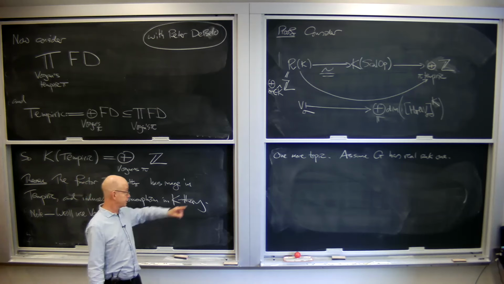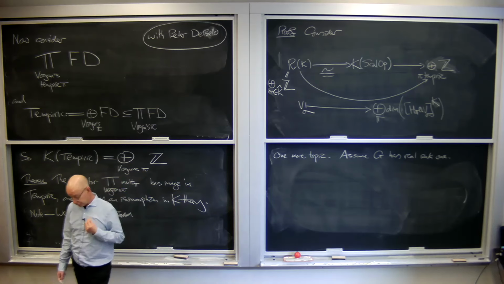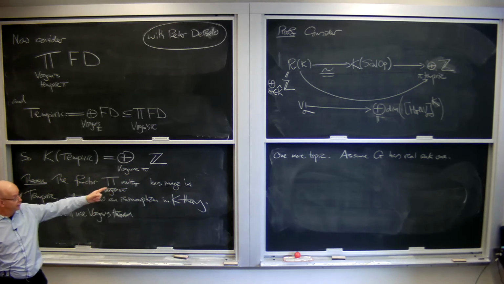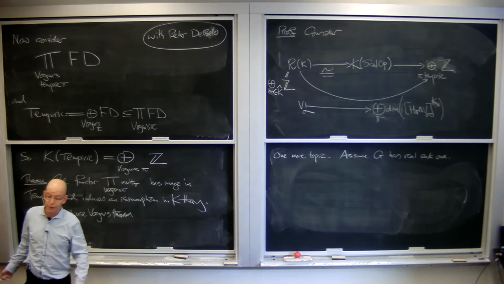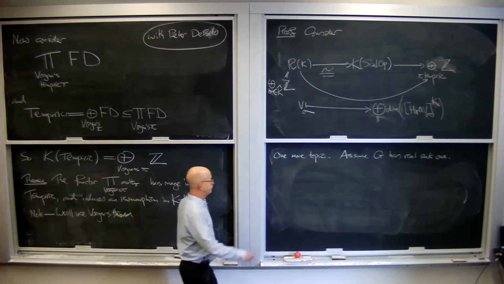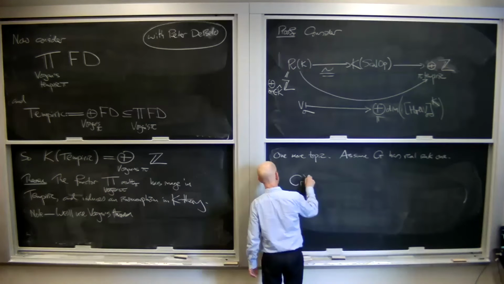So when you draw a picture of the reduced dual, also the unitary dual, of one of these groups, the picture is one-dimensional. That's what we're talking about.